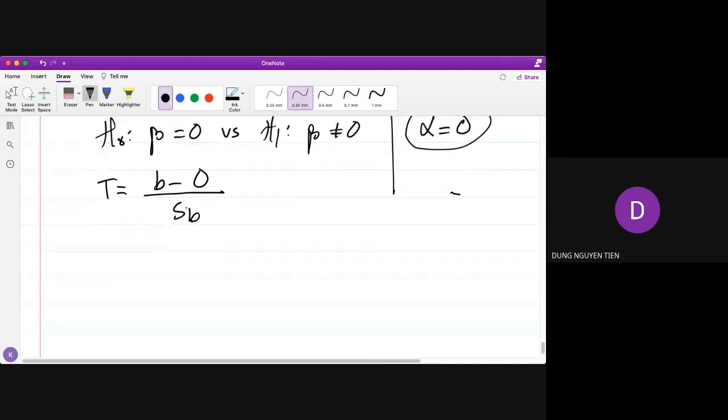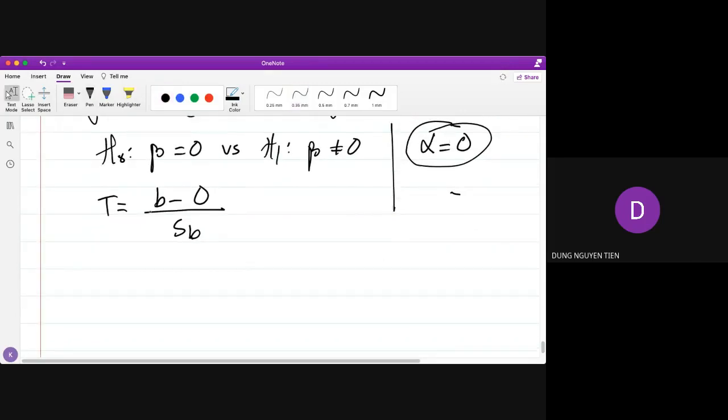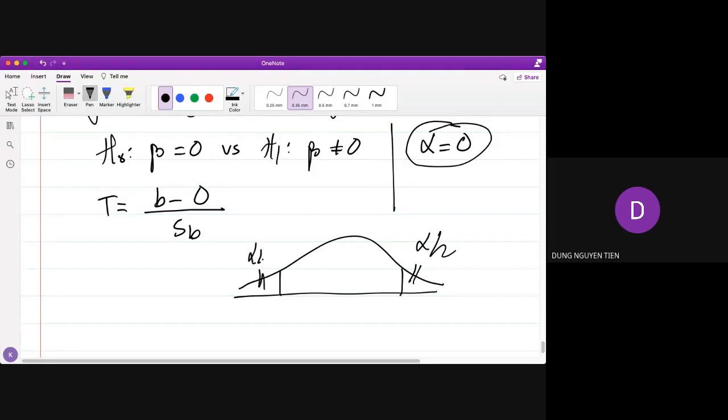And you come up with this, and you can find the rejection region, right? Let's say this is alpha over 2, and that is alpha over 2. Then you get the acceptance region and the rejection region. Understand? If T belongs to the acceptance region, we fail to reject the hypothesis.